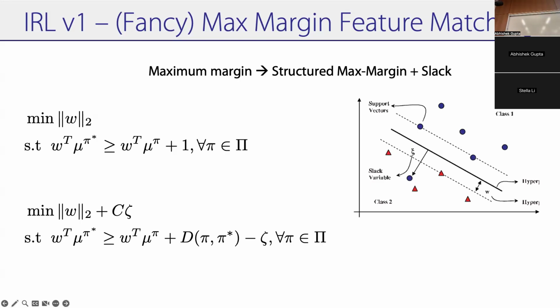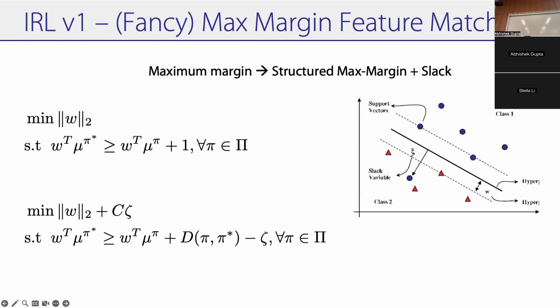The second change is that you introduce a slack variable. You say, I allow some things to break the margin, but you don't want it to break the margin a lot. So I'm going to put in a slack variable and penalize the slack.